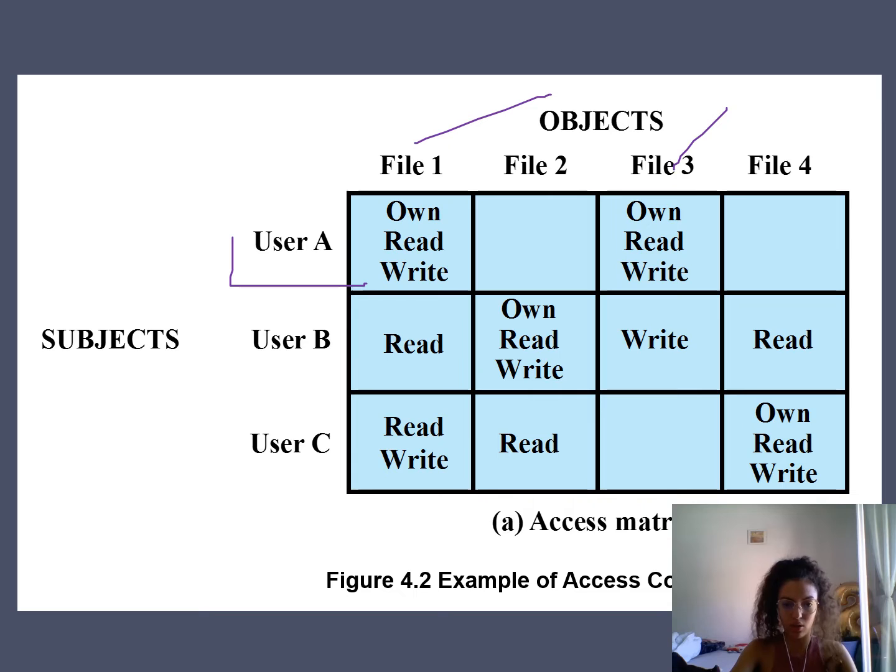User B has a read and write access right to the files that user A owns, but they also have the read permission for file 4 and own file 2, and so on. This is basically how a simple access matrix looks.